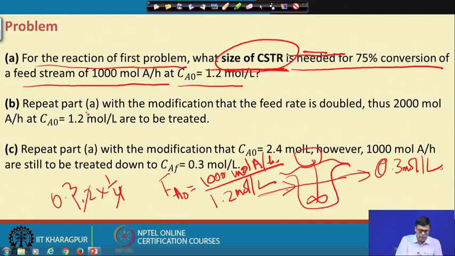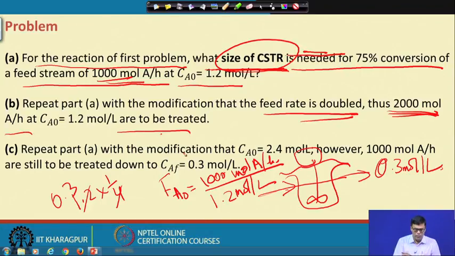Now, repeat the first part. The modification is that the feed is double. As I mentioned, the feed rate is double, because initially it was how much? 1000 moles of A per hour. Now, if we make it 2000 moles of A per hour, what will happen? That we shall have to find out.